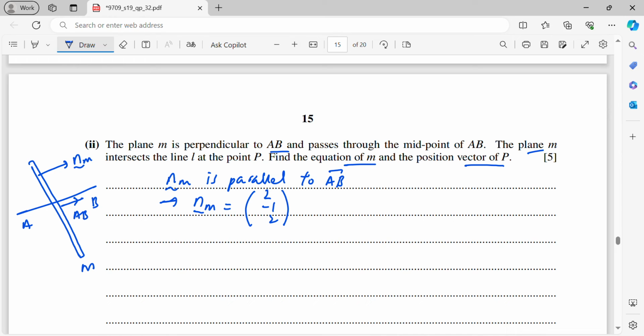Okay, and now the question asking for equation of the M. Alright, so now it's mentioned that the plane M passes through midpoints of AB. So let midpoint of AB be M. Okay, so now I need to find out what is my OM.